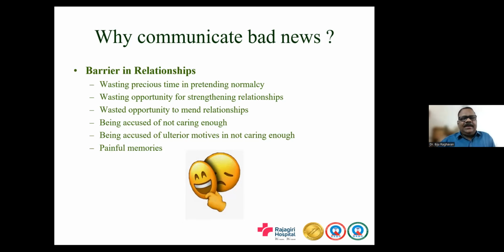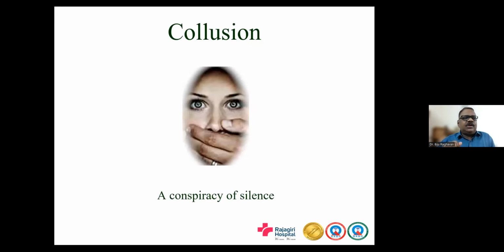relationship. Now, even if we want to do this, sometimes the family does not want us to communicate the truth. They will come and tell us, please don't tell it to the patient. Basically, they are trying to enter into a conspiracy of silence with us, saying, Doctor, you tell us the truth, but don't tell the truth to the patient.